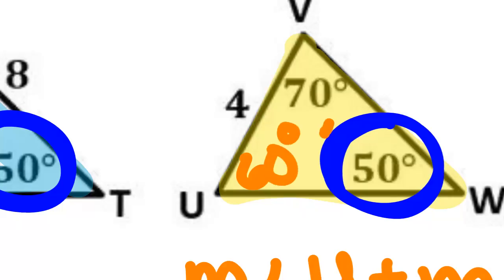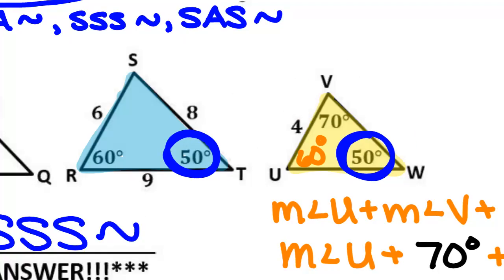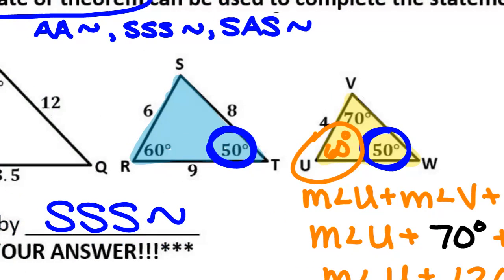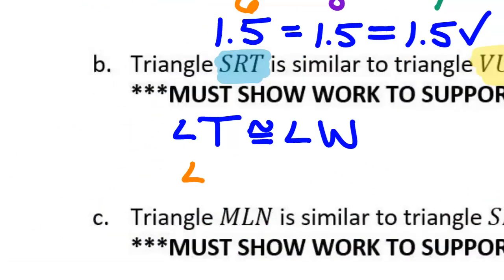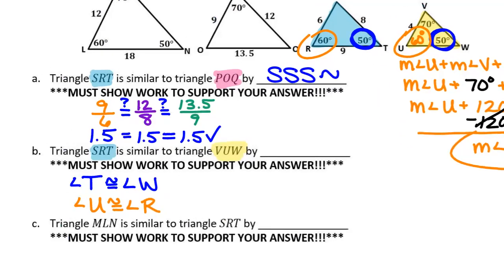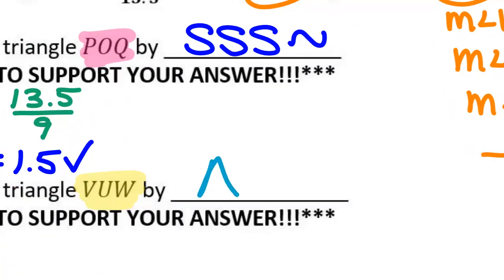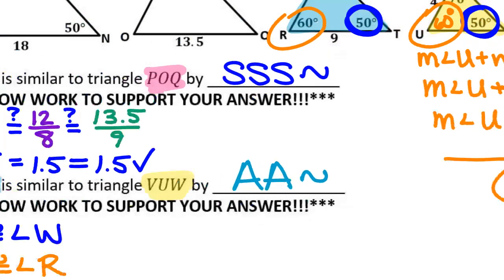So I'm going to add that to my picture. And now I can look at these two angles, angle U and angle R. Angle U is congruent to angle R. And so now I have enough information to say that these two triangles are similar by angle-angle similarity.